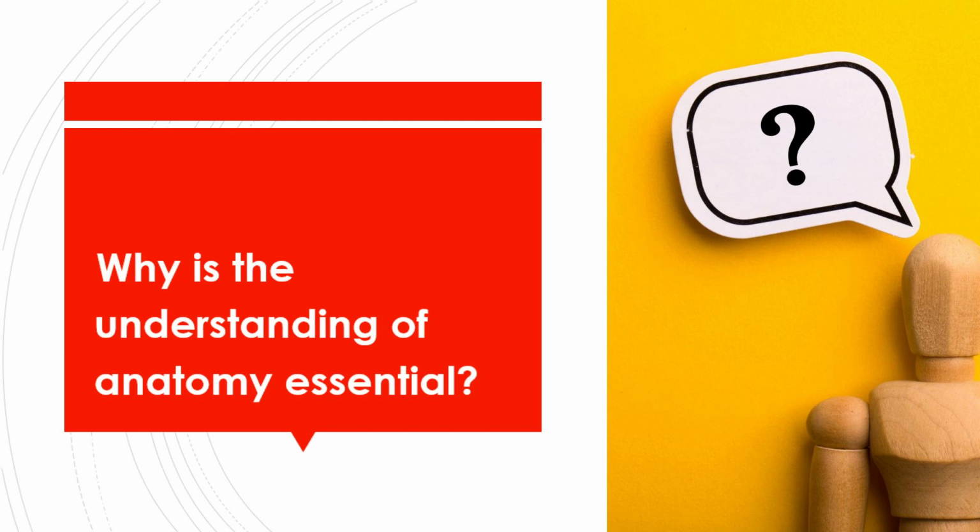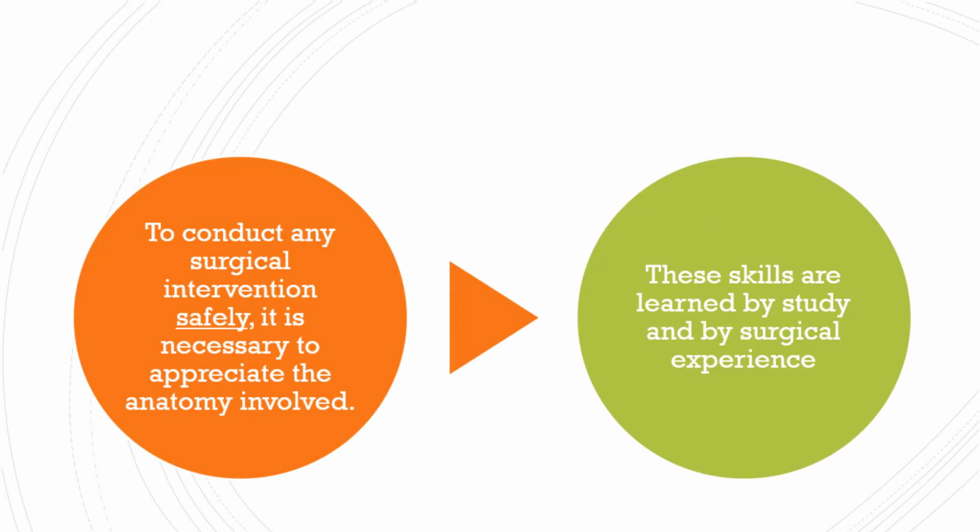Understanding anatomical variations due to adhesions and uterine scars is essential for making decisions on the technique of future deliveries. To conduct any surgical intervention safely, it is necessary to appreciate the anatomy that is involved.